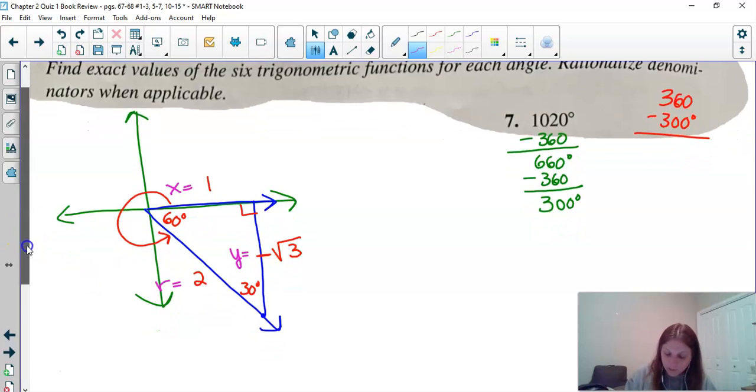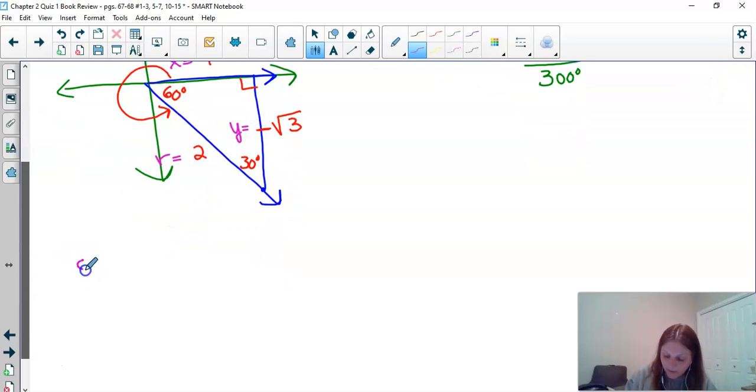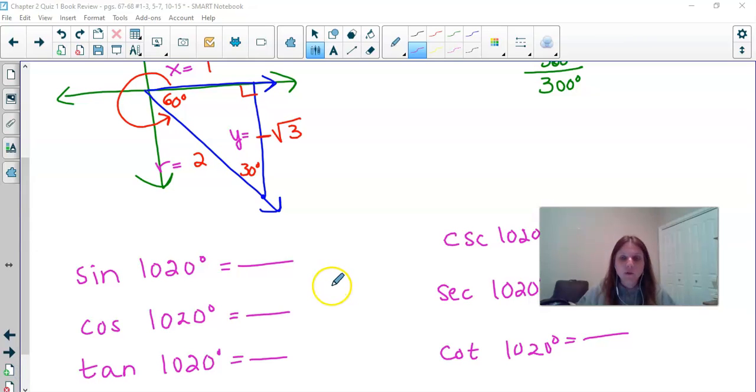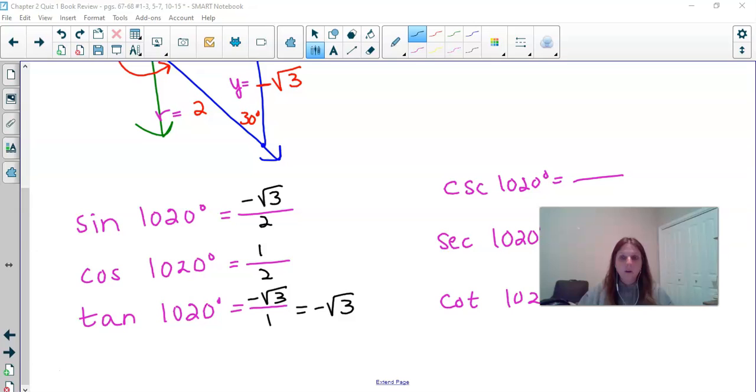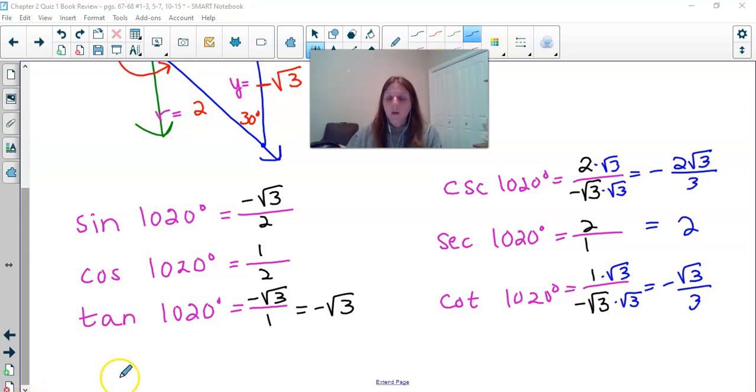Okay, go ahead and set up your 6 trig ratios, and again, your angle is 1020. Use page 22 if needed and set up your trig functions. Okay, check your first three and then go ahead and do your reciprocals of those three. Check your answer, and you're going to need the calculator for the last set of problems.